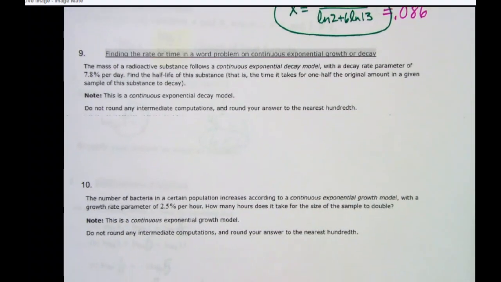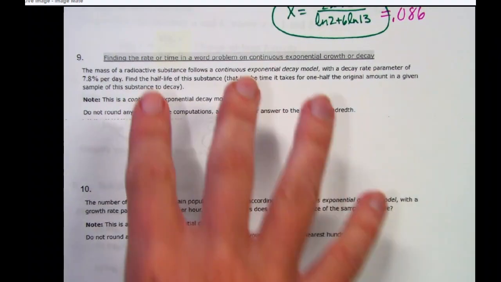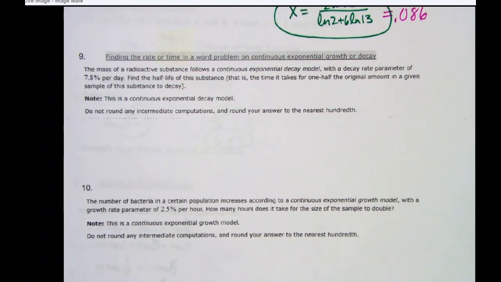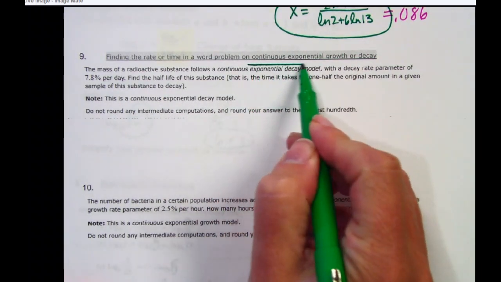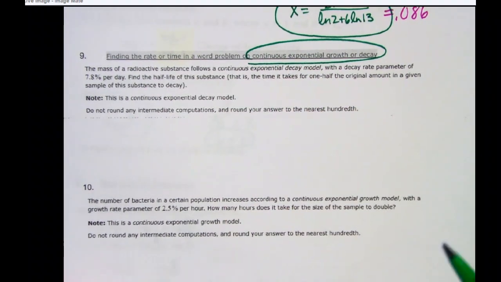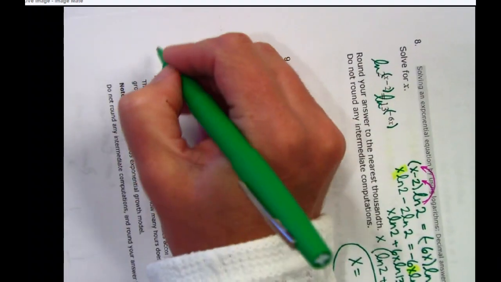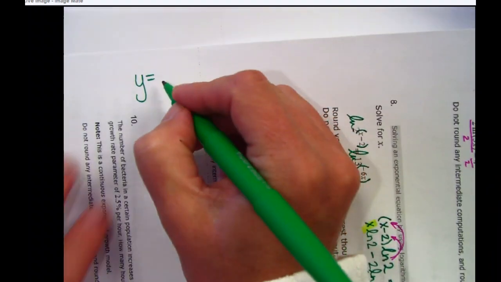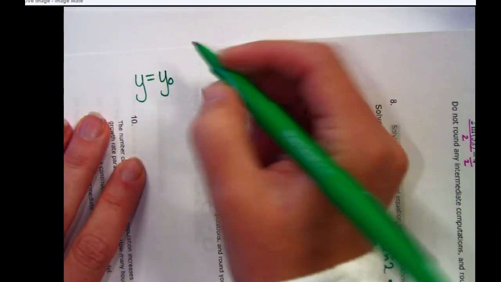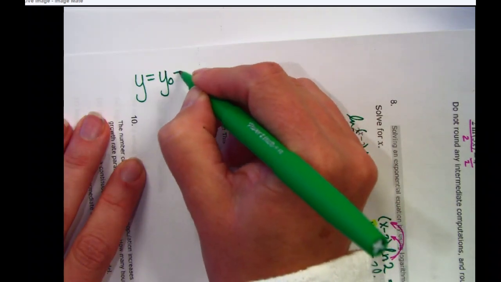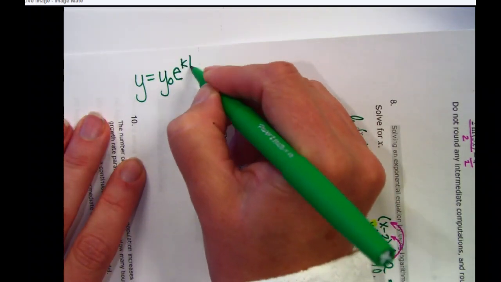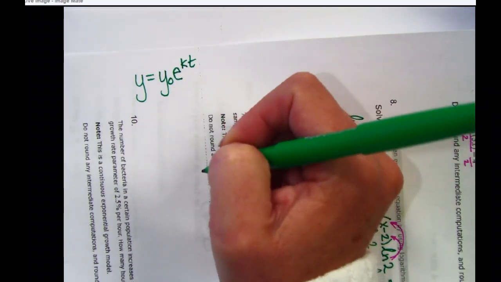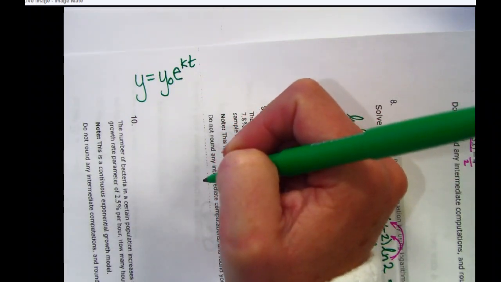Okay, story problems. I think the biggest thing on these is it says doubles or triples or halves, and we just have to remember what that looks like. We are talking about continuous exponential growth or decay. So our formula is y equals y sub naught, y in the beginning, times e raised to the kt, where k is your rate and t is your time.